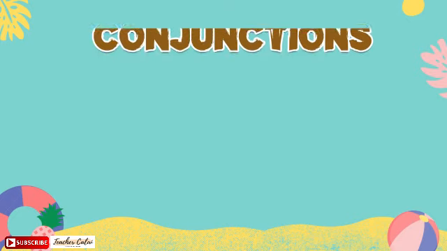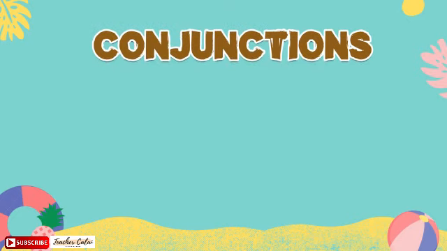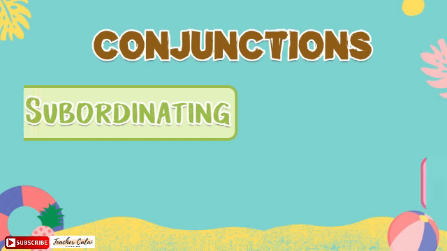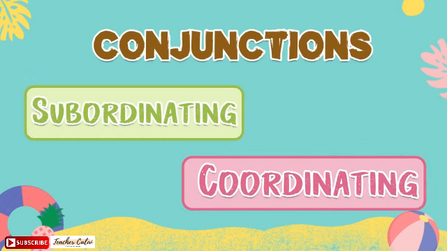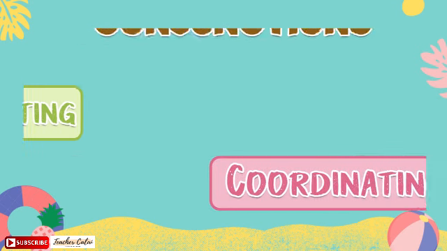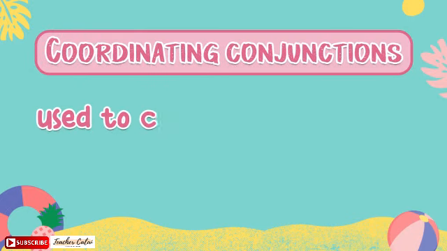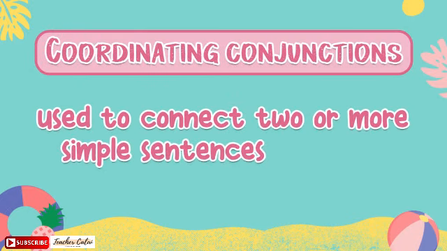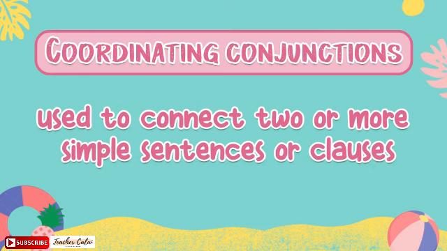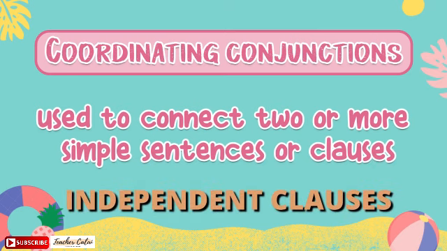Don't forget that the two kinds of conjunctions are subordinating and coordinating conjunctions. So once again, coordinating conjunctions are used to connect two or more simple sentences or clauses, or shall we call independent clauses.